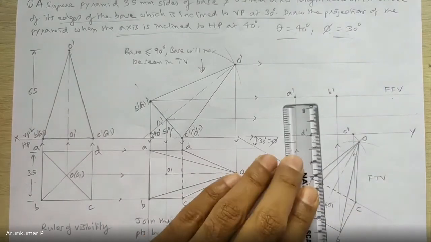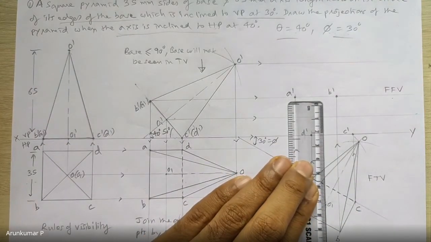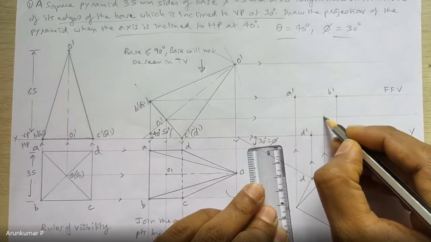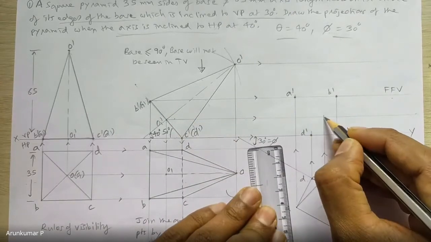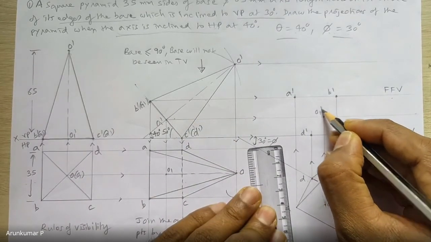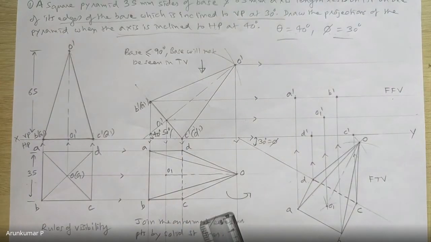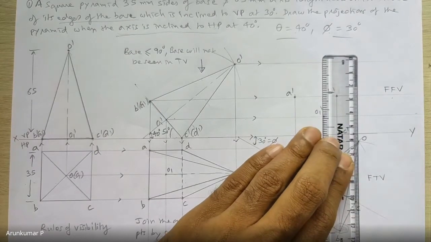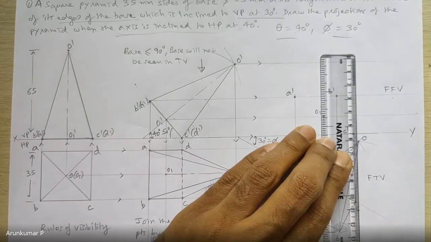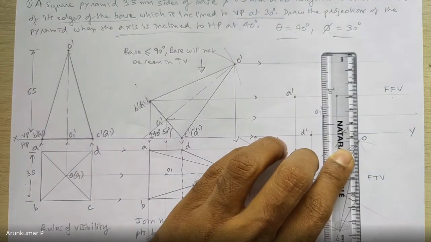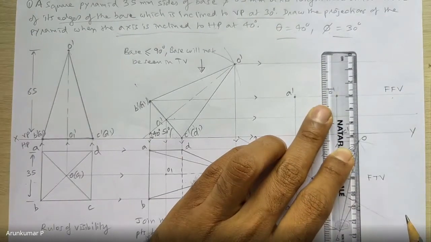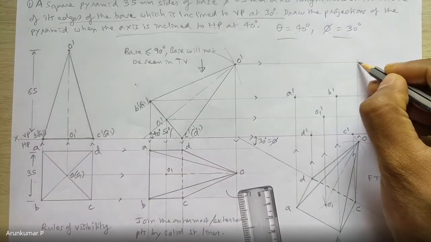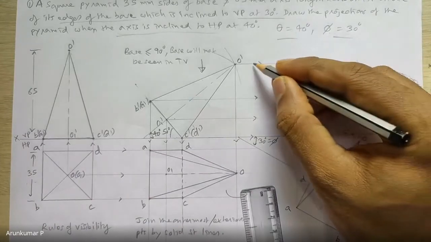Now O and O1. So you can project O1 first, till the projector of O1 dash in the front view. So till here, because this is the projector of O1 dash. So this point is O1 dash. Last but not the least, O. So projector of O, topmost point, that is O. So O till the projector of O dash.